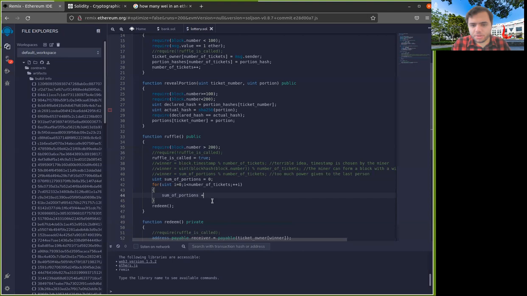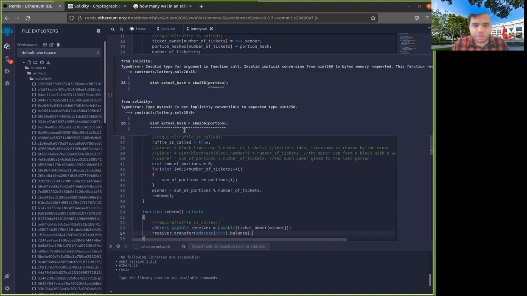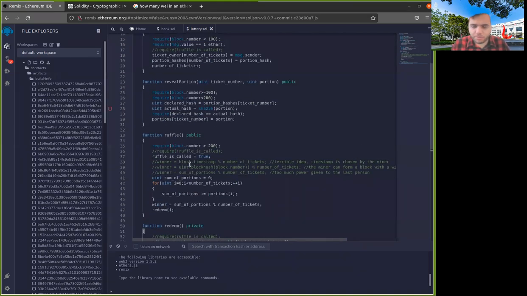Sum of portions is increased by portions of i. And then I would, of course, say that the winner is, as before, sum of portions modulo number of tickets. We have a compiler error here because, again, for this particular hash function, I have to do type conversions, but don't worry about that for now. Just assume that it's working.